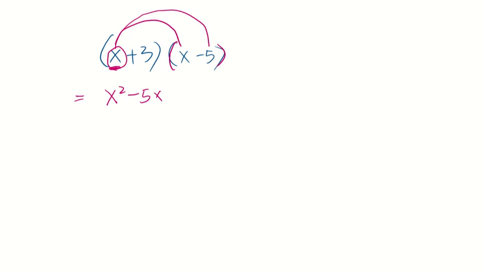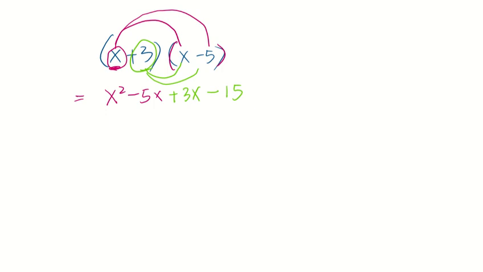Now I'm going to distribute this positive 3 to every term in the second binomial. So distribute the 3 to x. I have positive 3x. Now distribute this positive 3 to negative 5. 3 times negative 5, that's negative 15.